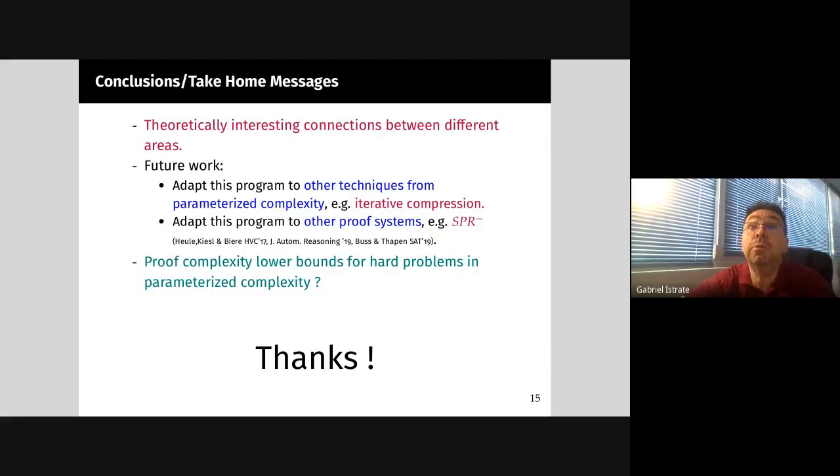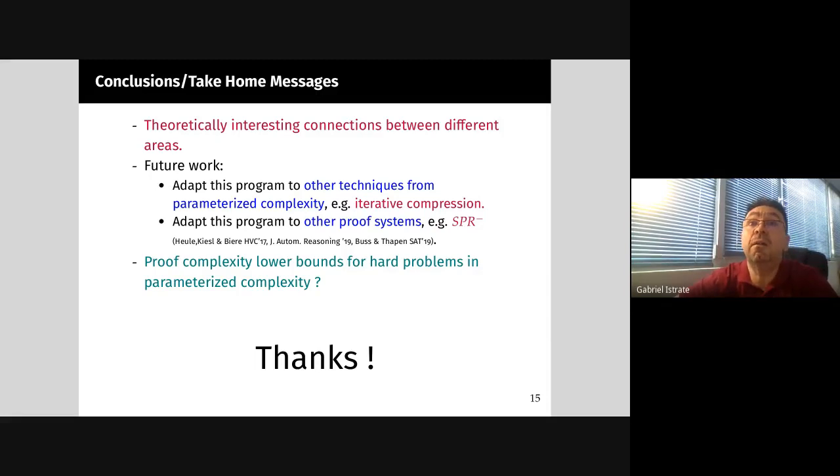So to conclude, I hope that I've shown you that there are theoretically interesting connections between all these different areas, and that one can apply techniques from kernelization to problems in proof complexity.